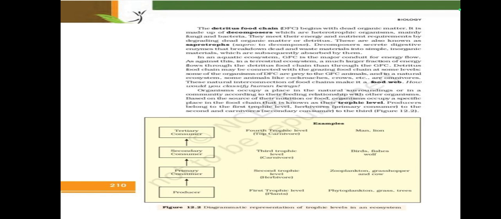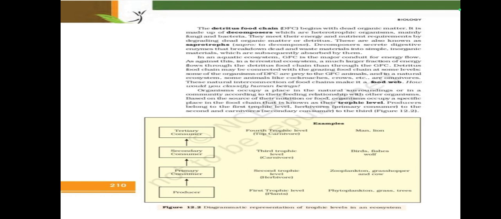Some of the organisms of the DFC are prey to the GFC animals in a natural ecosystem. Some animals like cockroaches, crows, etc. are omnivores. This natural interconnection of food chains makes it a food web.